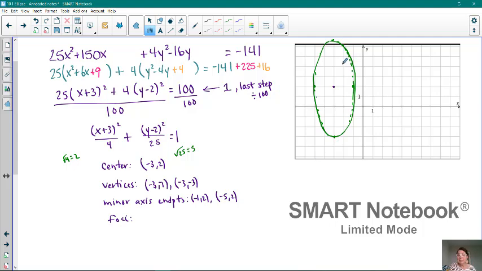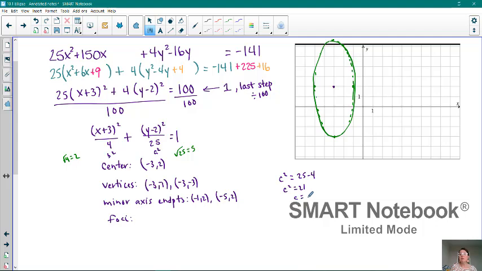My major axis is vertical, it's going up and down, so that tells me I'm going to go up and down away from my center. I'm going to go c squared equals, okay, if you must label, the bigger number is always A, there's B. Just do 25 minus 4. We'd have c squared is equal to 21.